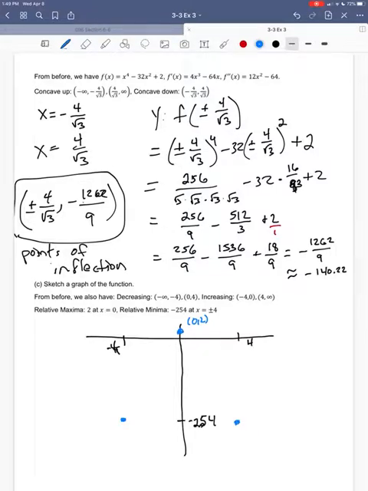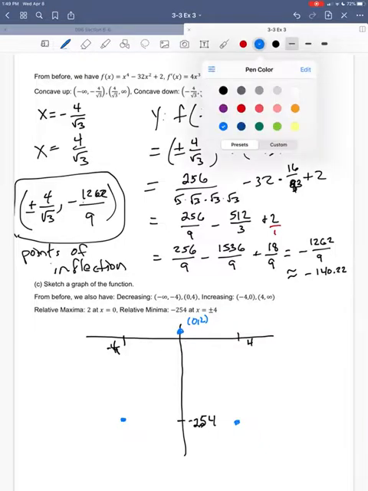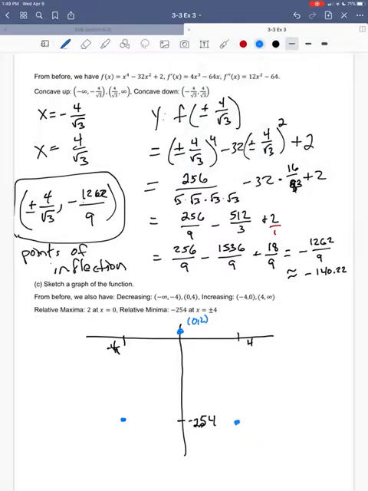I also have my points of inflection. These coordinates, we said, what did we say? 4 over the square root of 3. I did that on that other page, right? That was about 2.31. 2.31 is going to be sort of in here somewhere, negative 140.